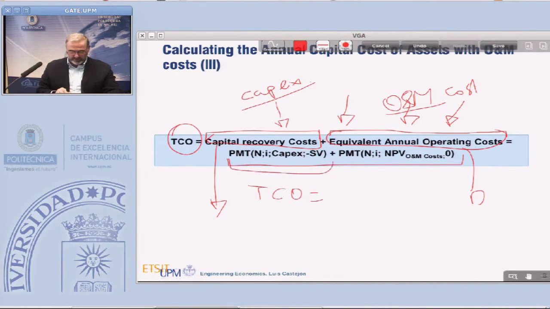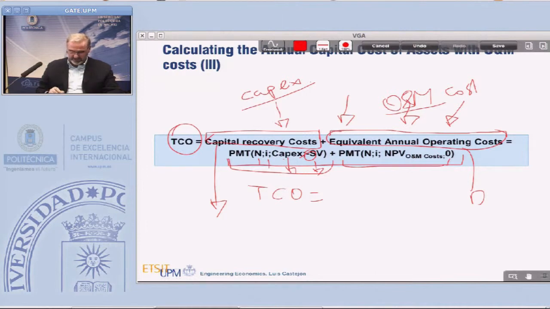The first one we know how to calculate, we have done before, is the capital recovery cost of a machine, which uses n years, the interest rate, the capex, and the salvage value with a different sign than the capex.